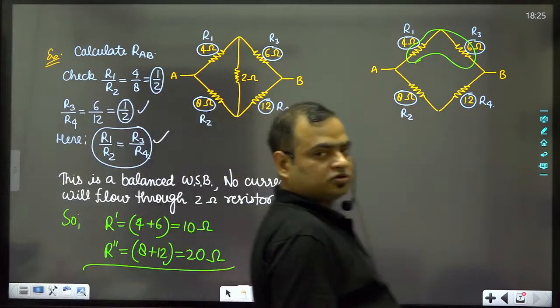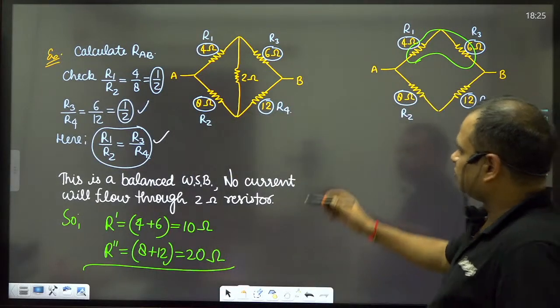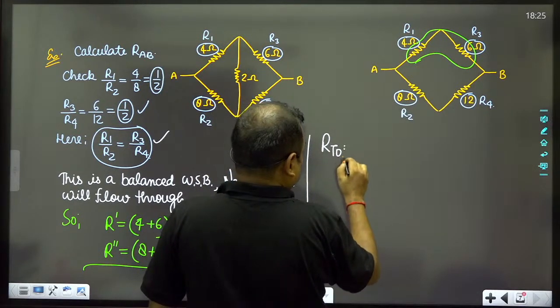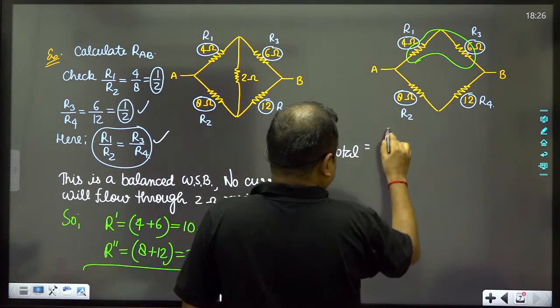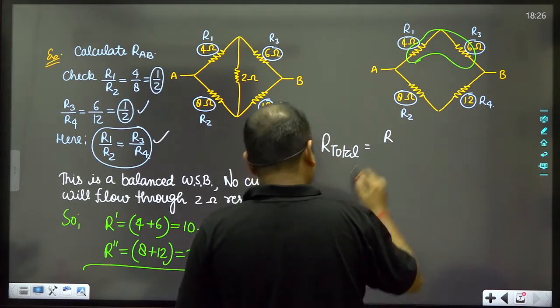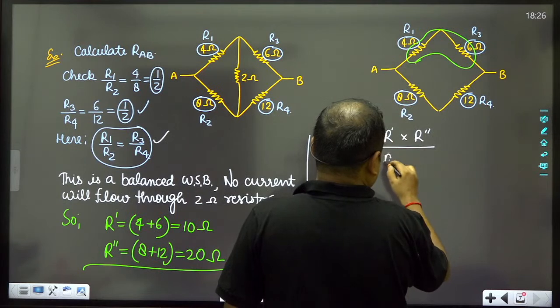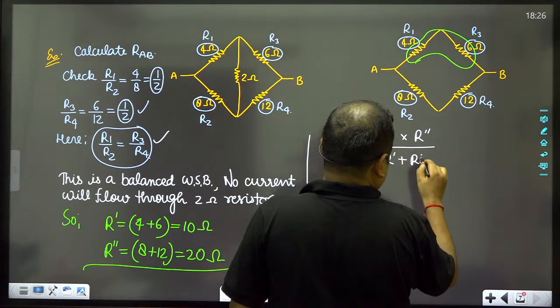Okay, so this will be the correct answer. Now R dash and R double dash are in parallel, and suppose R total will be equal to R dash multiplied by R double dash upon R dash plus R double dash.